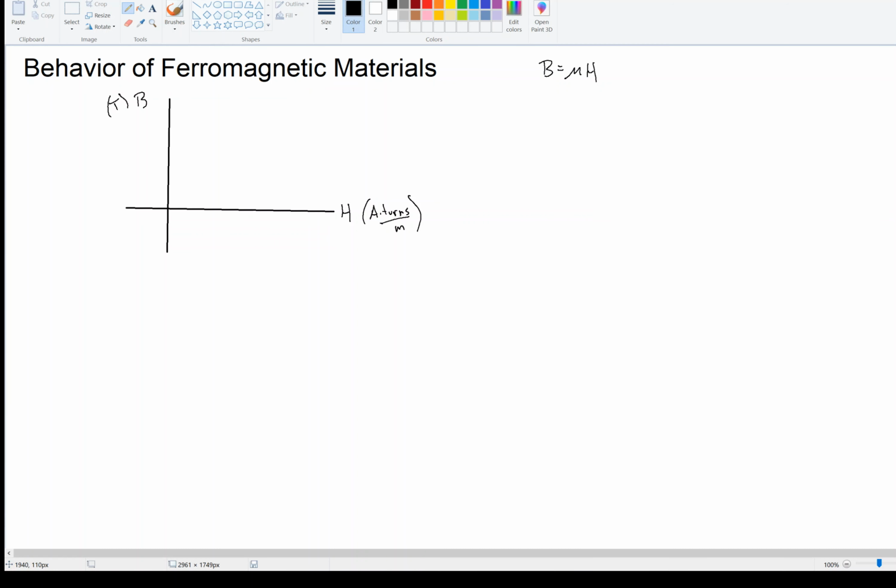So if I drew the ordered points B and H on this plot, you'd see a line that would go through the origin, and the slope of that line would be mu.